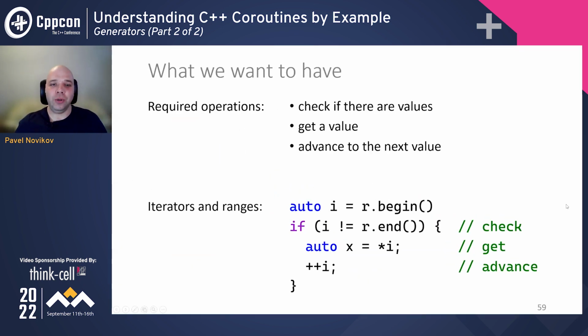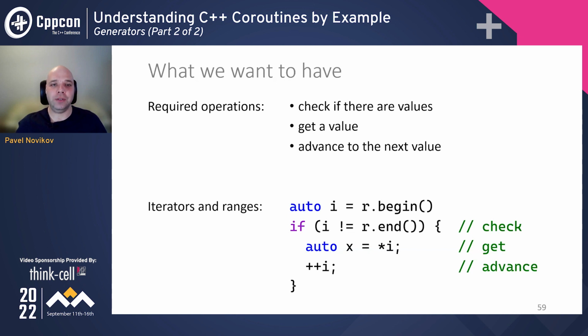And here I told that, in fact, in order to extract values from generators, we need three operations or three facilities, so to speak. We need to check if there are more values that we can extract from the generator.